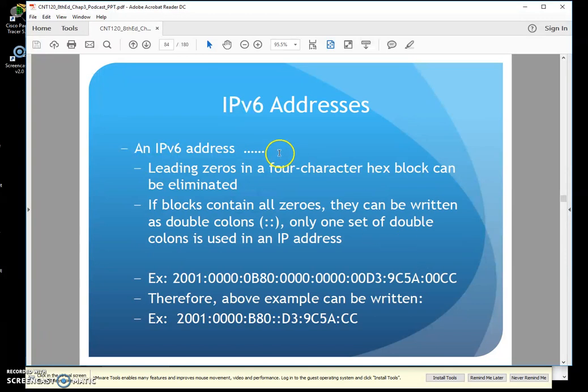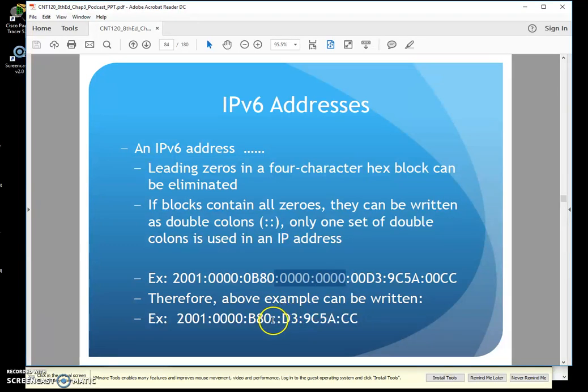In an IPv6 address, leading zeros in a 4-character hex block can be eliminated. So as I start having 0B80, I can drop that. 00D3, I can drop that. If a block contains all zeros, they can be written as a double colon. So here we have a series of a bunch of zeros.